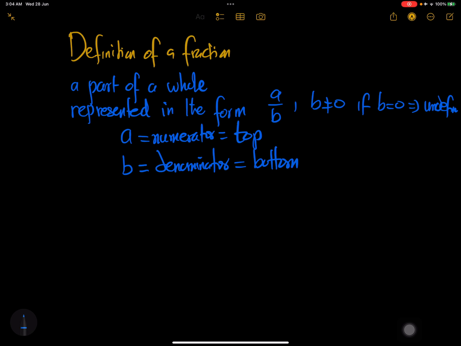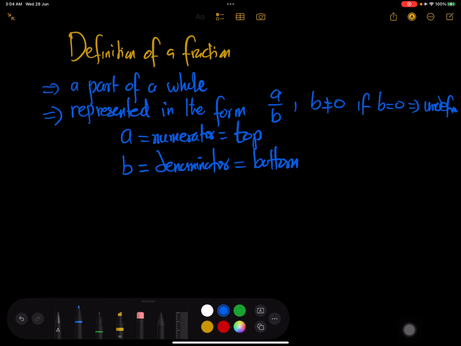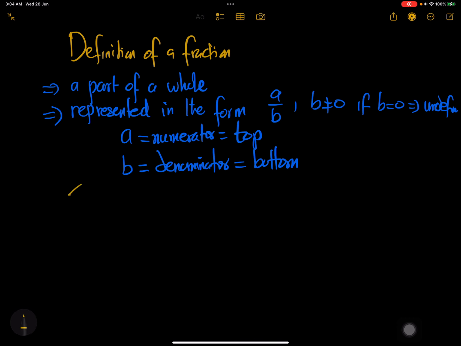So we have the top and bottom. The definition of a fraction is that it's a part of the whole, represented in the form A over B, where B cannot be zero, A is the numerator on top, and B is the denominator. I think we're going to continue, and then we're going to look at the types.